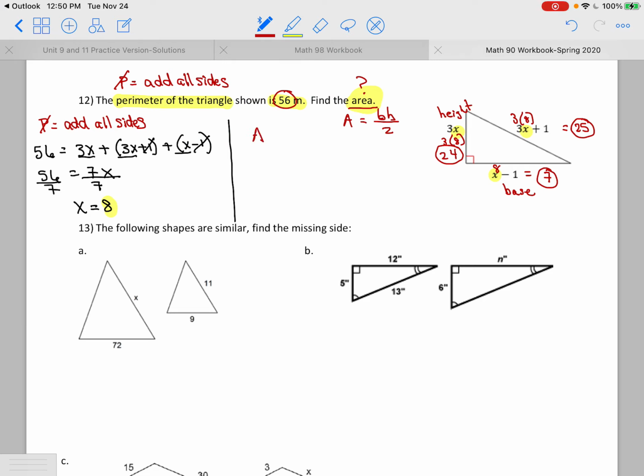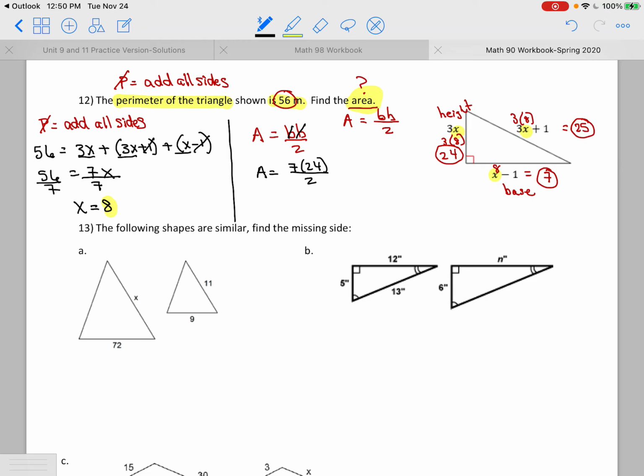So let's rewrite this. Area is equal to base times height divided by 2. All right, base and height are going to be filled in by 7 times 24, right, divided by 2.